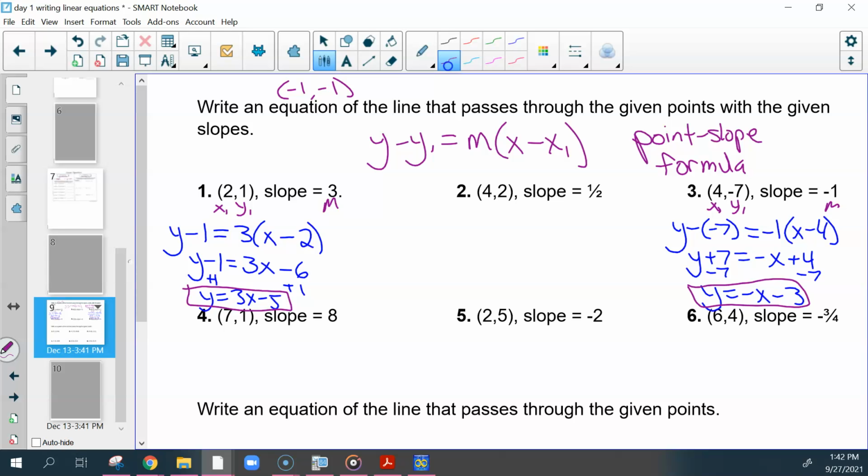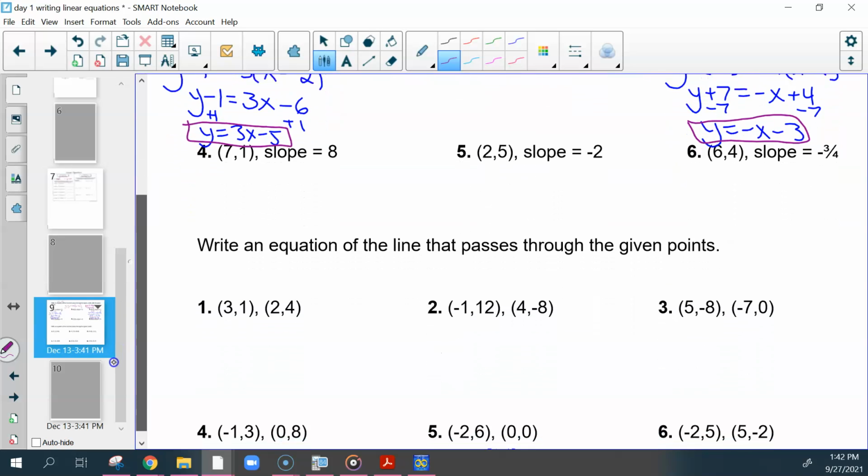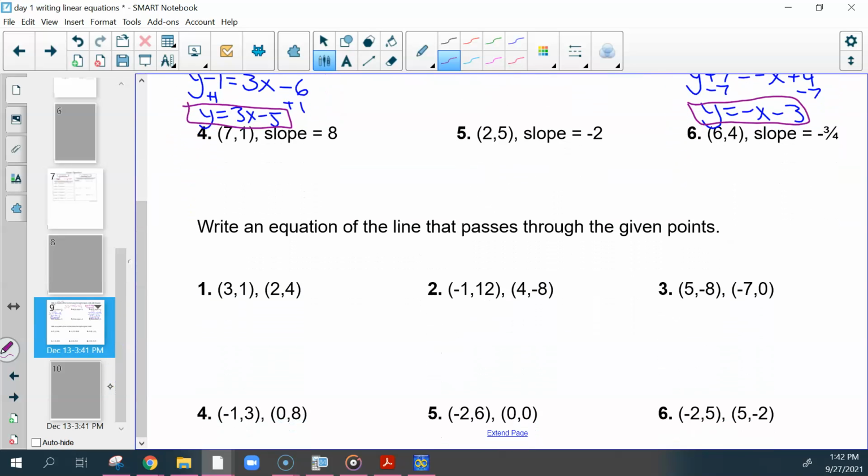The last one I want to do with you is number 6, because you end up doing your fractions. Are you trying to get the y by itself or the x by itself? You're doing a linear equation. So with this one, same thing. Put these all in. We have y minus 4 equals -3/4 times (x minus 6).